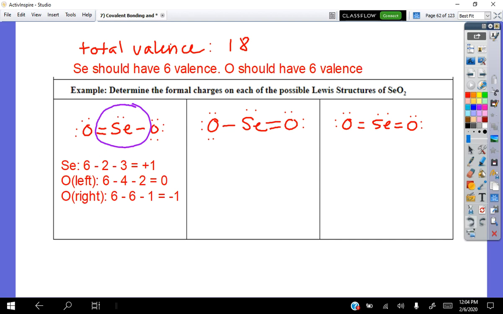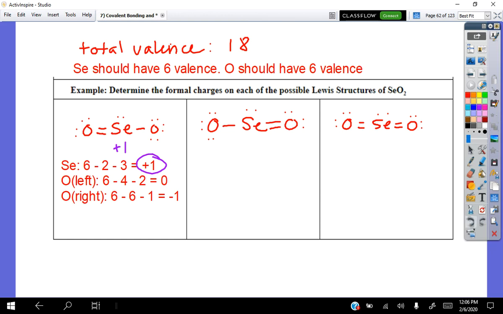And then it's got a single bond and a double bond. So that is 3 lines in total, so I subtracted a 3. 6 minus 2 is 4. If I subtract another 3, 4 minus 3 gives me a positive 1. In this structure, the selenium has a positive 1 formal charge.